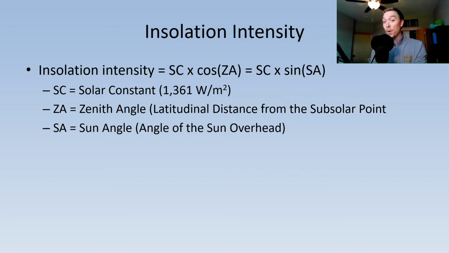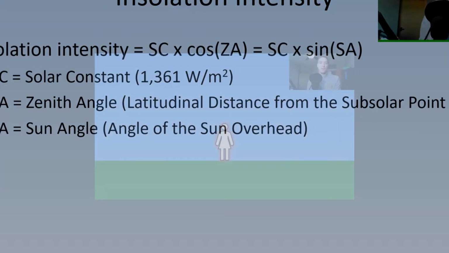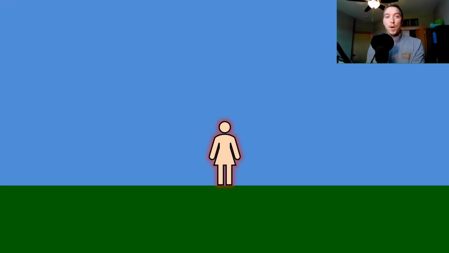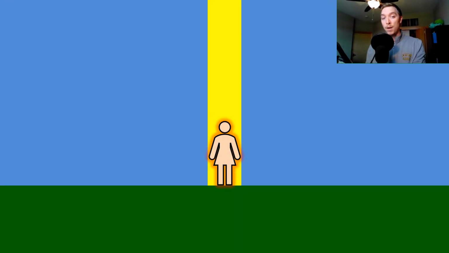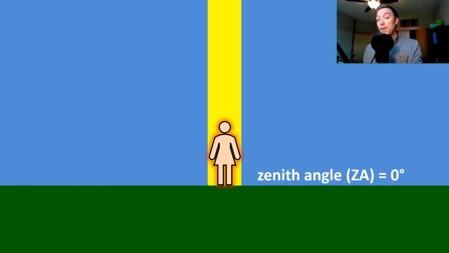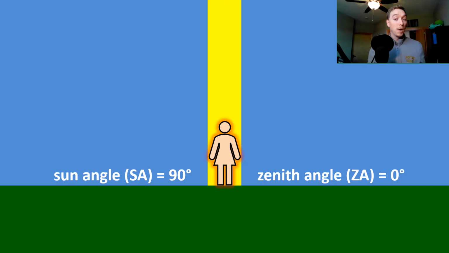So let's pretend we're a person on the surface of our planet, and we are standing at the equator where the sun is at 90 degrees directly overhead. Our zenith angle is going to be 0 degrees, because we are right on the subsolar point. The sun angle is going to be 90 degrees, because we are right on that subsolar point.